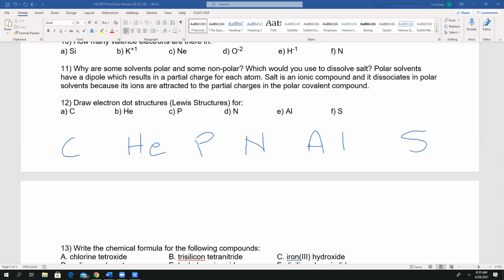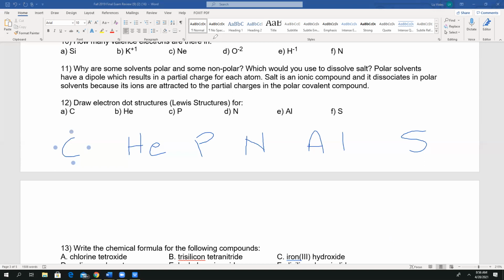Look up which group they're in, and the group number tells you how many dots. This one is in group 4, so you go 1, 2, 3, 4. I know, right?